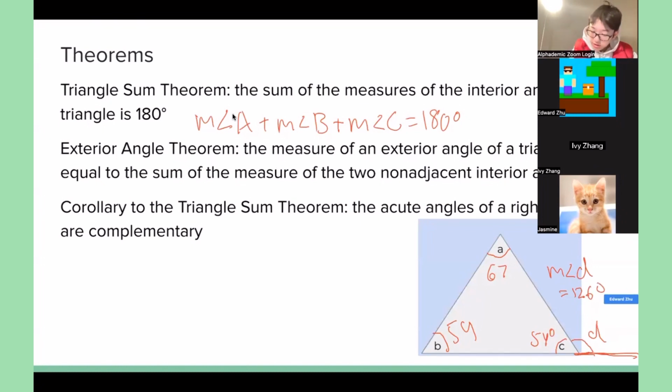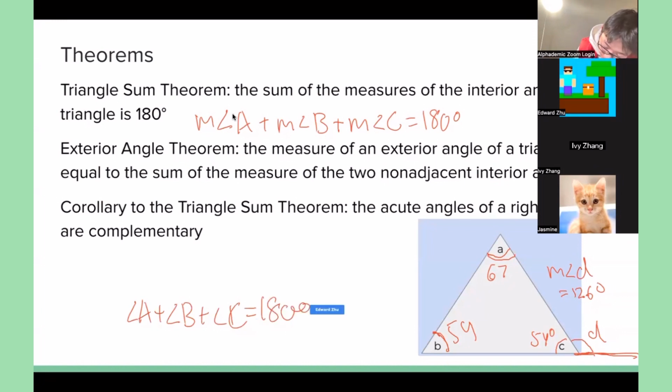Basically, the measure of angle D would be the sum of angle A and angle B, because angle A plus angle B plus angle C equals 180 degrees, and then angle C plus angle D equals 180 degrees.